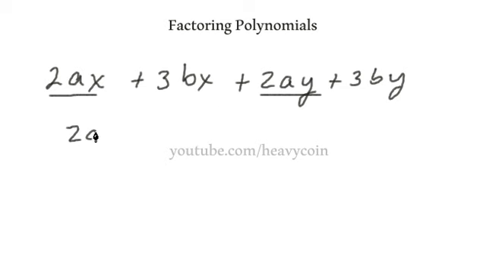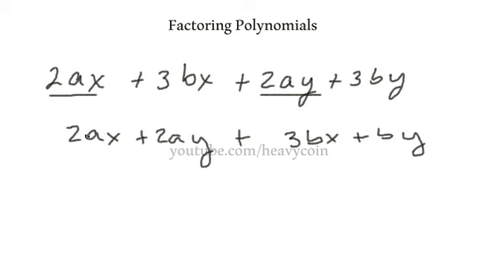Let me rewrite this. 2ax plus 2ay plus 3bx plus 3by. I don't know, I might be wrong on that. If I were to factor out a 2a out of the first two, I'd be left with x plus y. Okay?